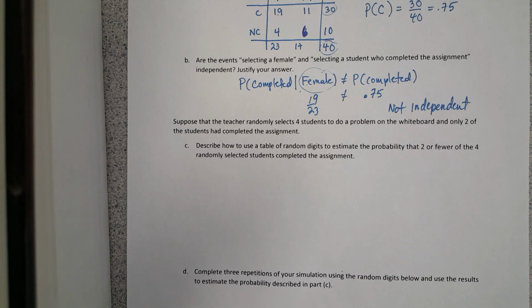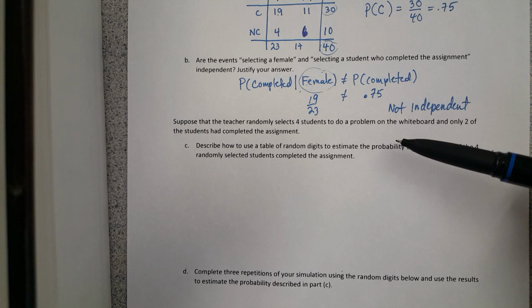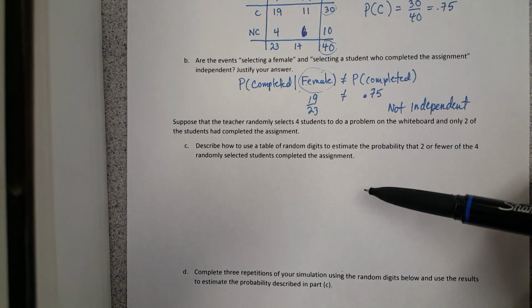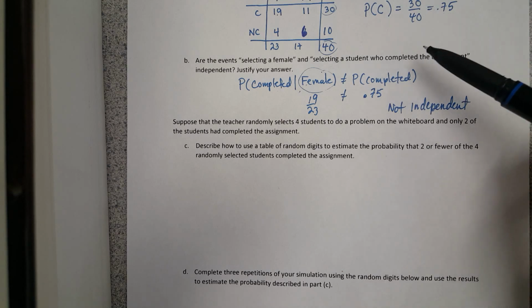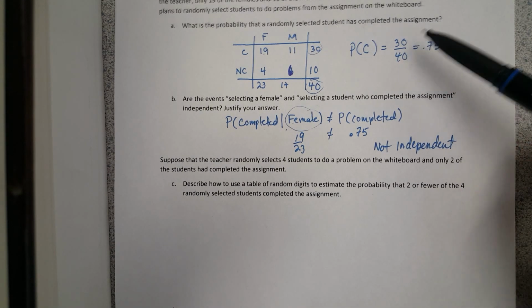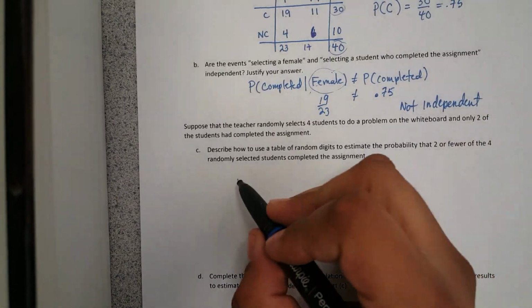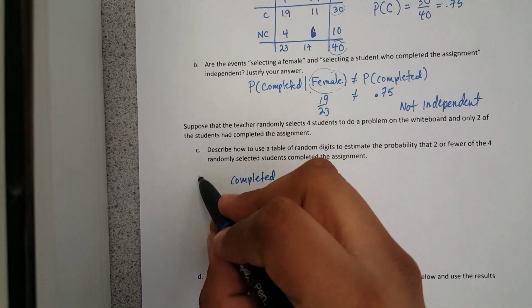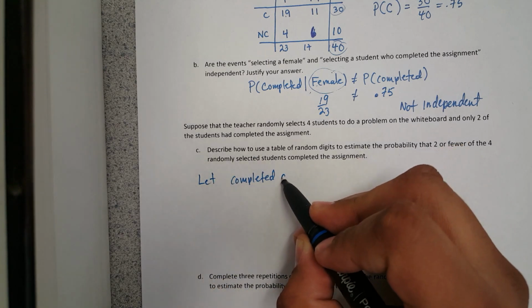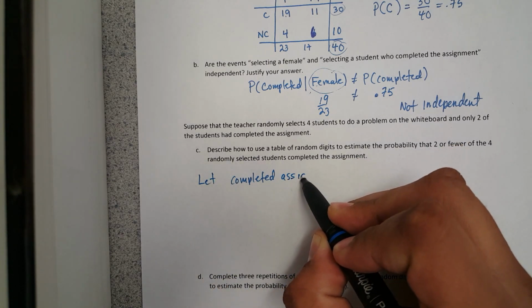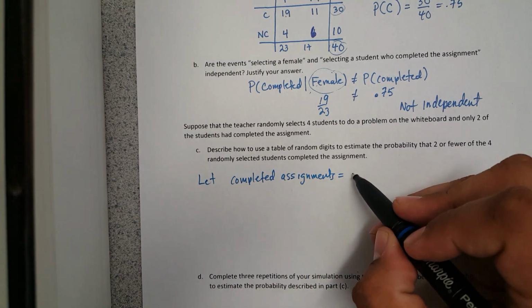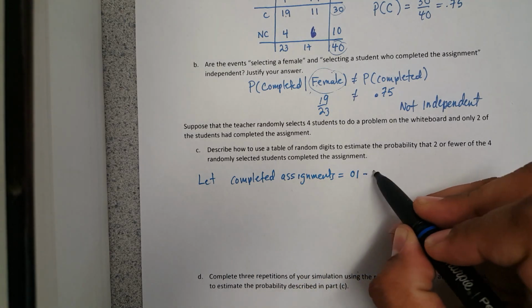Alright. So what we need to do first here, since we're going to be using a table of digits, is assign values to those students that did complete the assignment and those that didn't. Since we know it's 30 out of 40, we're going to let completed assignments be the same as 01 to 30.